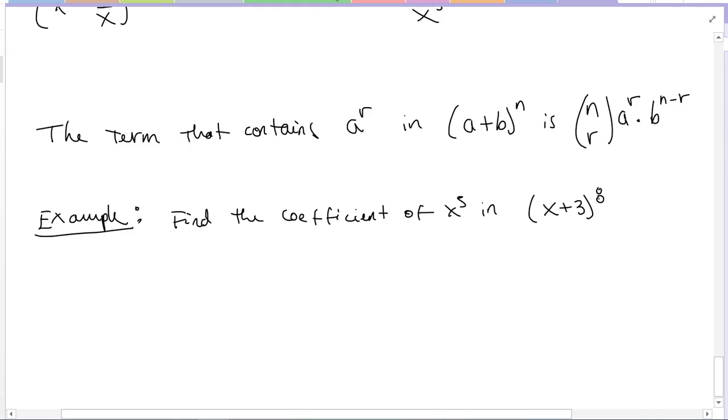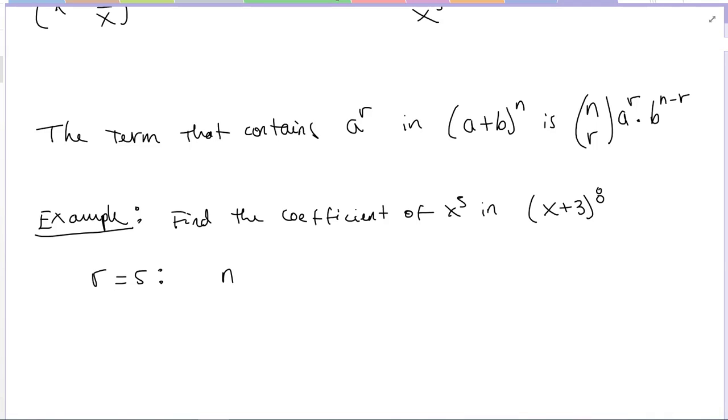So how would I do that? Well, because this is just x, there's just the one x and there are no x's over here, it's just going to go x to the 8th, x to the 7th, x to the 6th, x to the 5th, and it's just going to decrease like that. So then what that means is that my r is 5. So I'm going to do n choose r, that term.